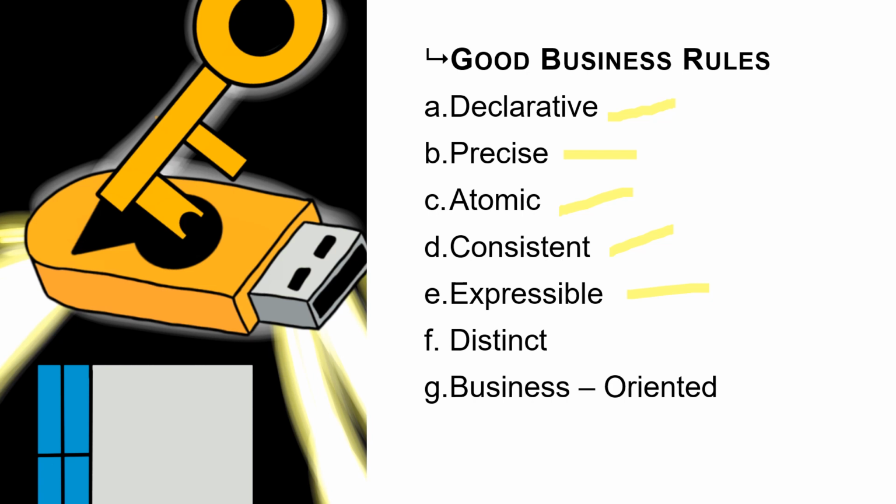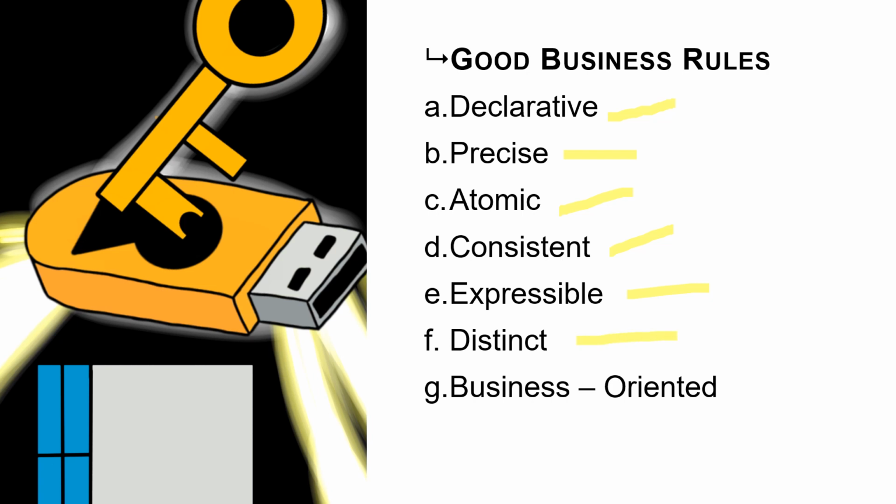Expressible. A business rule must be able to be stated in a natural language, but it will be stated in a structured natural language so that there is no misinterpretation. Distinct.